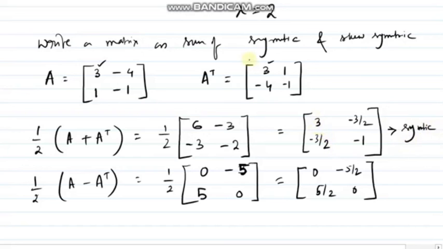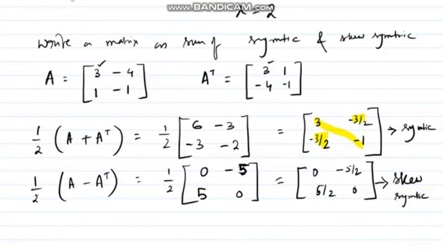As we have anything in the principal diagonal and these two elements are equal, so this is a symmetric matrix. And do you agree that this will be your skew symmetric matrix? Because we have 0 in the diagonal and these elements are of the opposite sign.